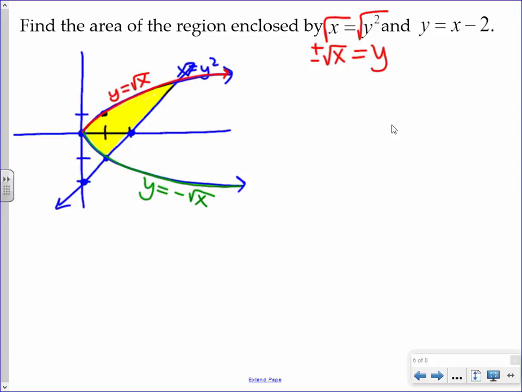So there are technically 3 functions instead of 2 functions. Now here's another issue. I'm going to draw my rectangle right here with thickness dx.